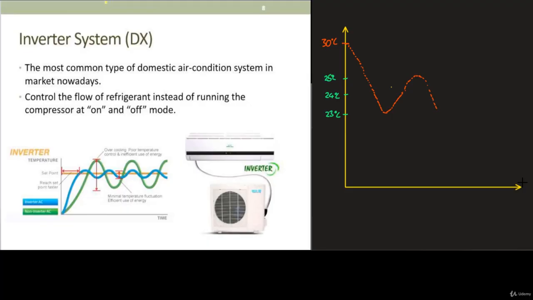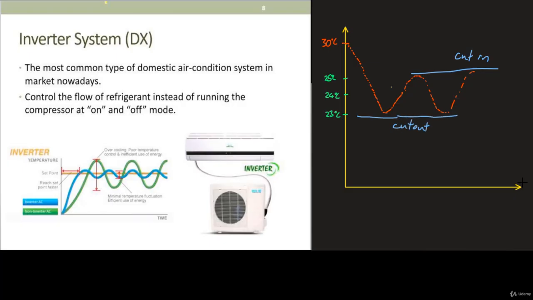So this cycle will repeat by itself. Traditionally that's how we control the temperature inside a room, by cutting in and cutting out your compressor.